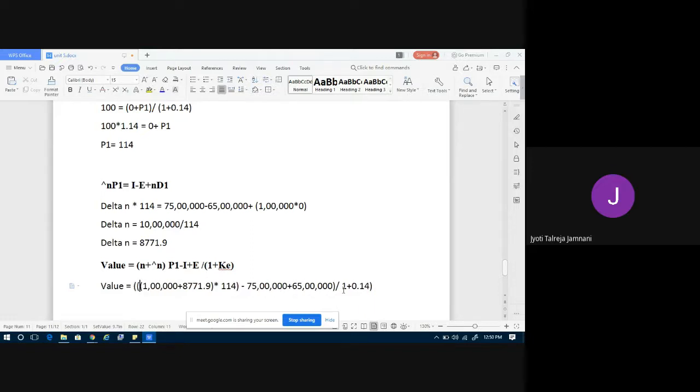Has anybody solved for the value? The final answer? You got 99 lakh 99,000, how much did you get? 997.01.